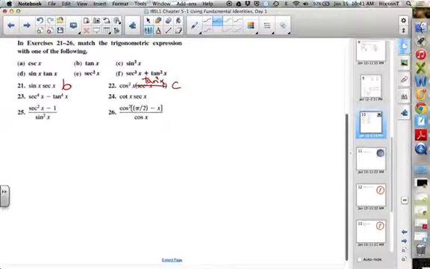23, we have secant to the 4th minus tangent to the fourth. This would be a good one to write out. What I would do with this, you have a couple options. The most simple way to do it would be to factor it.